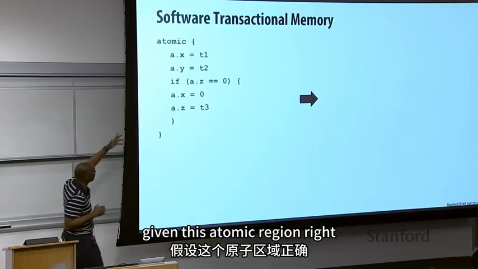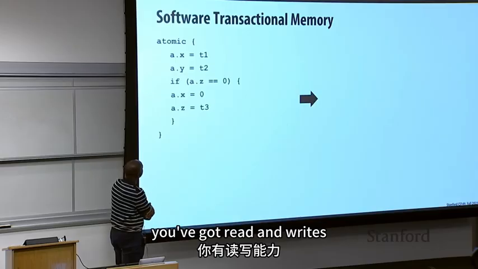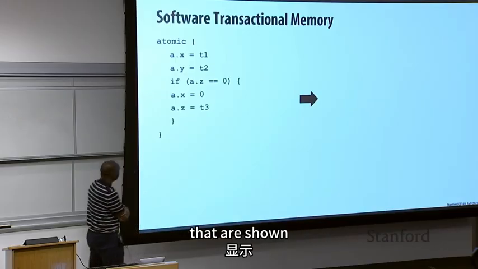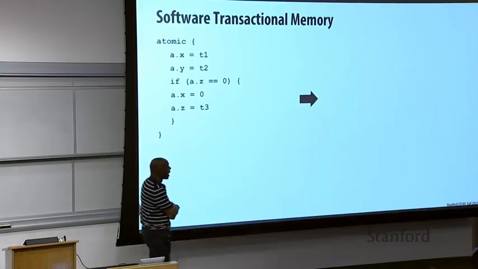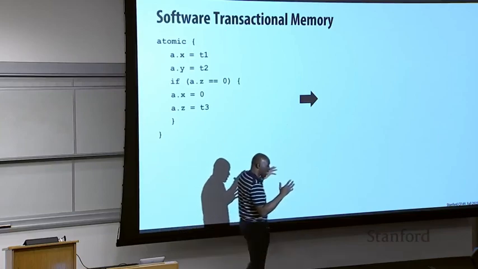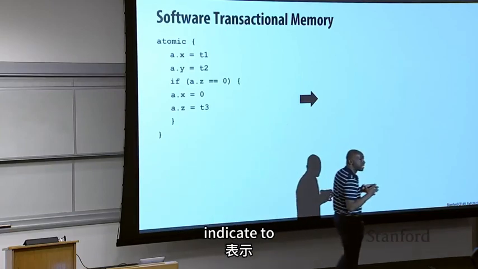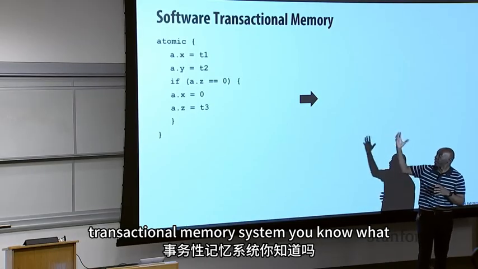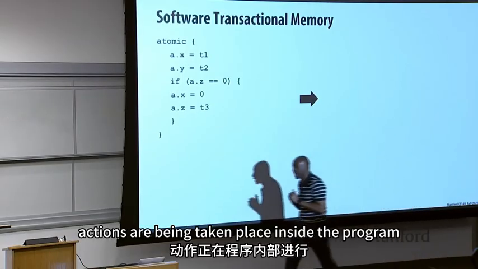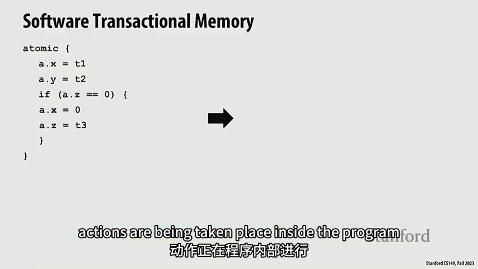given this atomic region, you've got reads and writes that are shown in the statements of the code, and somehow you need to indicate to the transactional memory system what actions are taking place inside the program.